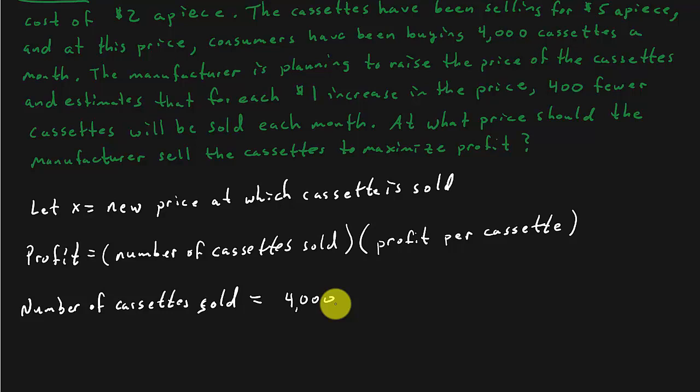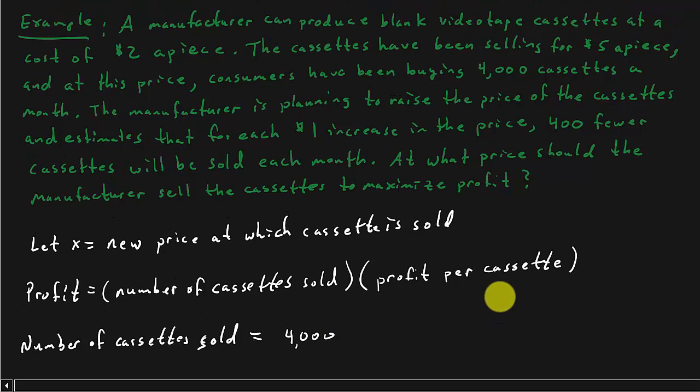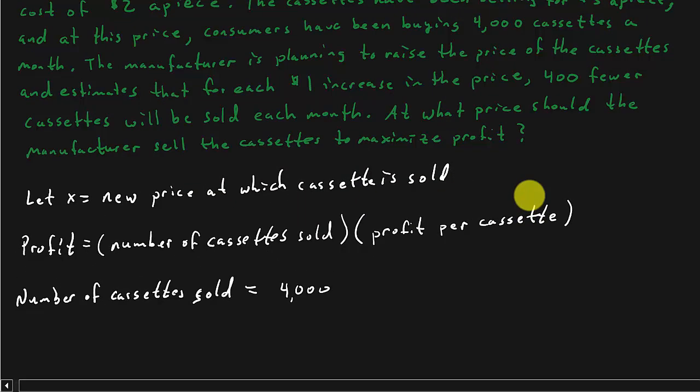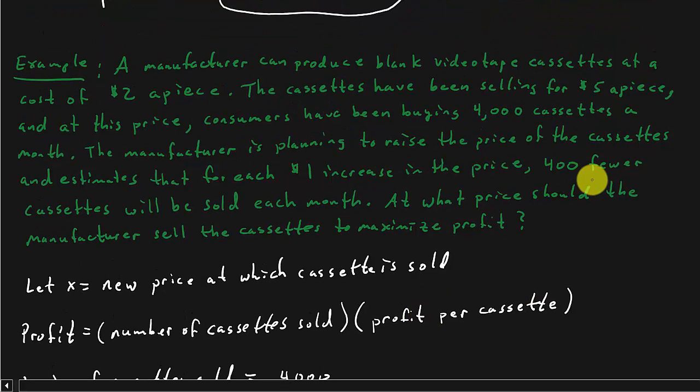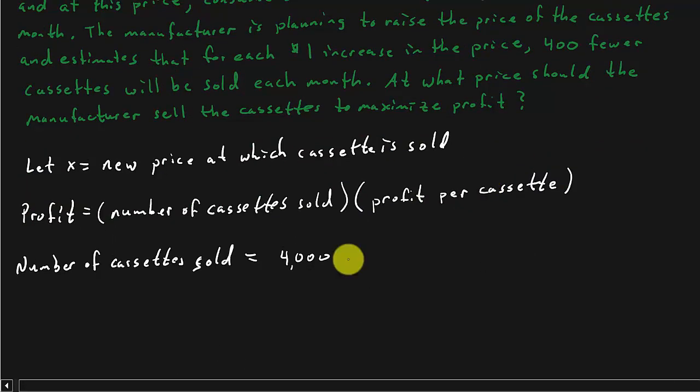And for $5 a piece, consumers have been mad that the manufacturer is planning to raise the price of the cassettes and estimates that for each $1 increase, so every time it increases $1, then 400 fewer cassettes will be sold. So that's going to be the 4,000 sold minus the 400 times x minus 5.